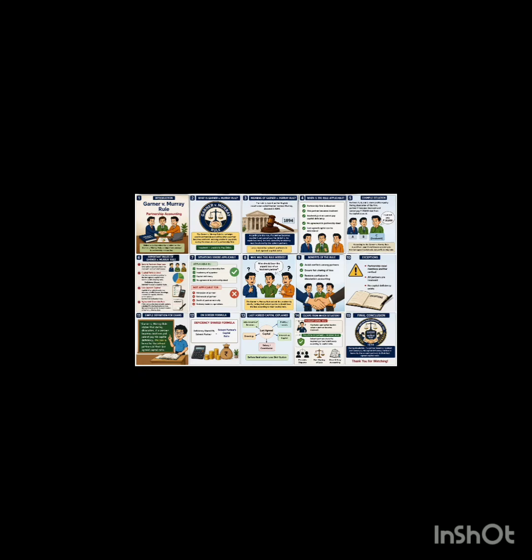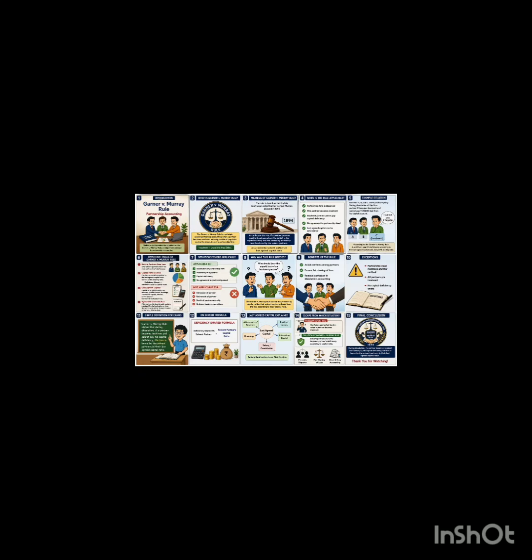Why is this rule important and needed? There is a lot of confusion created when the insolvent partner does not pay his deficiency. In that situation, who bears the losses?